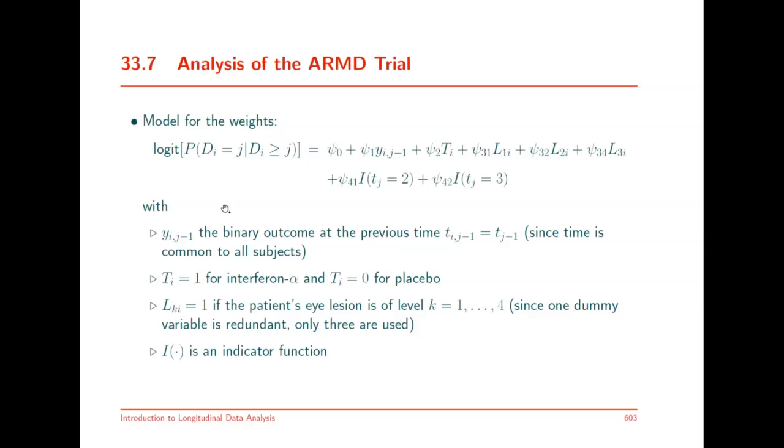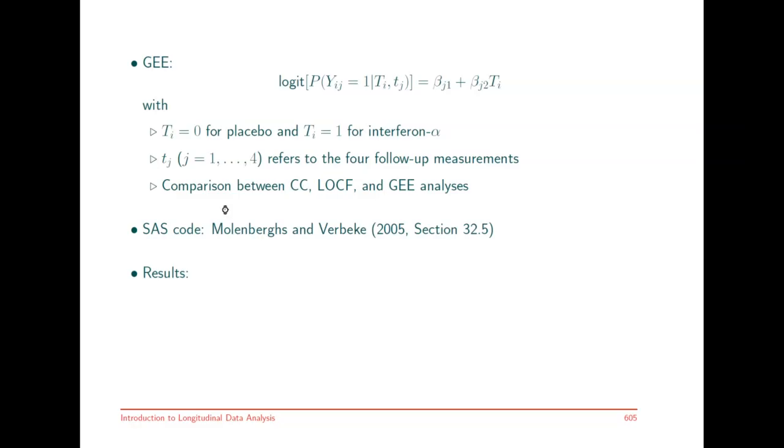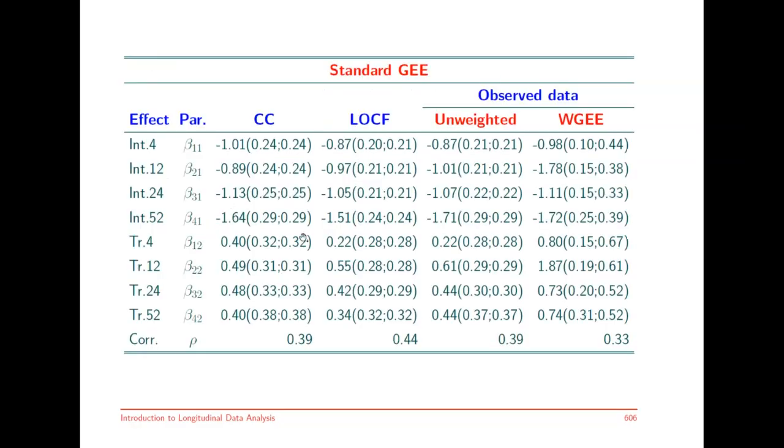Okay, we do the same thing for the ARMD trial, but here let's go straight to the result. And here we see very clearly the impact of weighted GEE. If you look at basic GEE and weighted GEE, again, the point estimates are different. Now they went up in many cases in weighted GEE, but look at the naive versus the robust standard error.